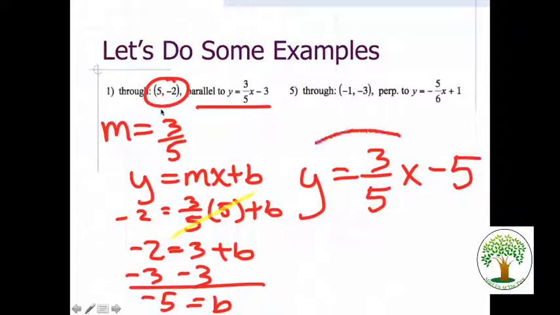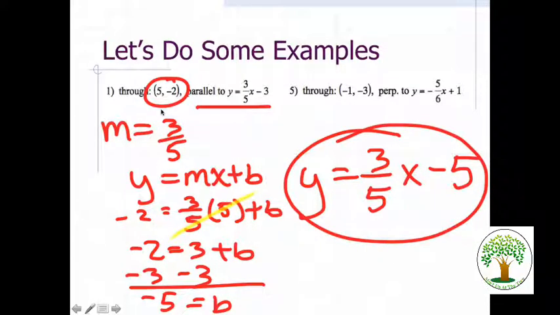Okay, so are these two lines parallel? Is this line and this line parallel to each other? Yes, because they have the same slope, right? And so the question now is, does that line cross the point (5, -2)?